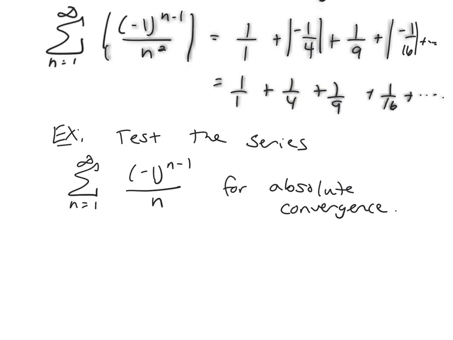All I'm going to do is put on absolute values and see what happens to my series, okay? We're just using the definition of absolute convergence. So put on an absolute value.